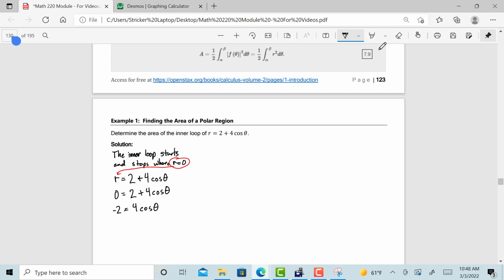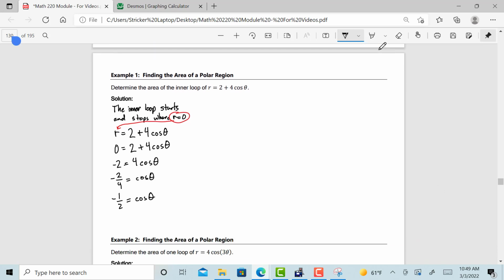And then we can go ahead and divide both sides by 4. So we have negative 2 over 4 is equal to cosine theta, or negative 1/2 equals cosine theta. And then you use our inverse cosine, right? So theta is equal to the inverse cosine of negative 1/2.